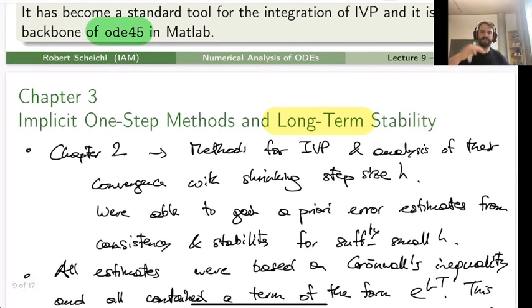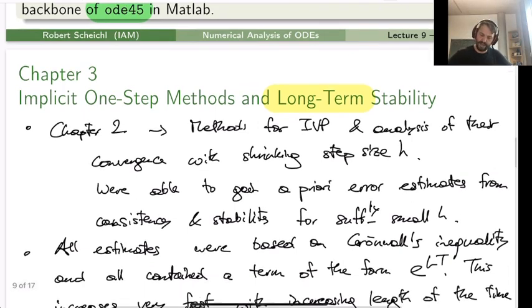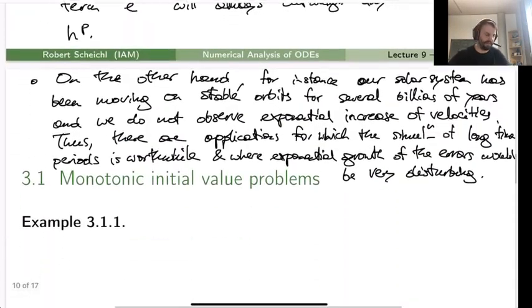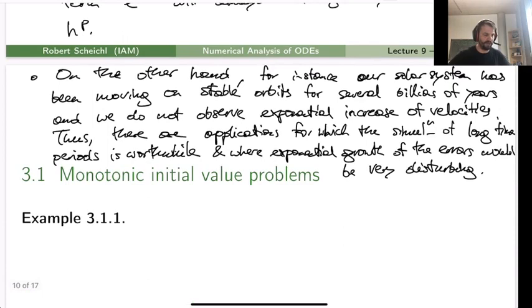If we have only got this general Lipschitz constant, and we are integrating over a long time interval, then for some initial value problems, any method will lead to an exponential growth in the error. But certain initial value problems do not have that property, and we will now discuss those and then come up with numerical methods that mimic that behavior.